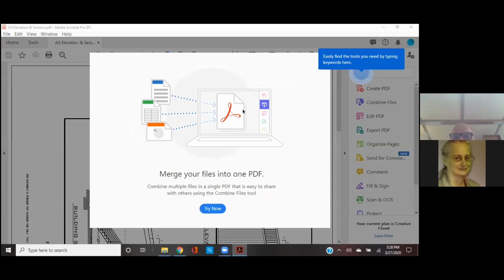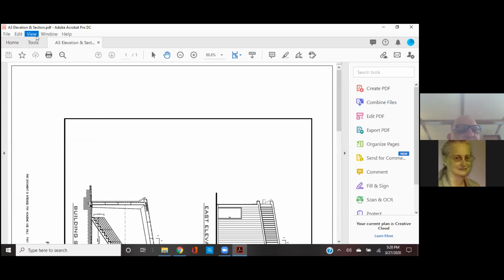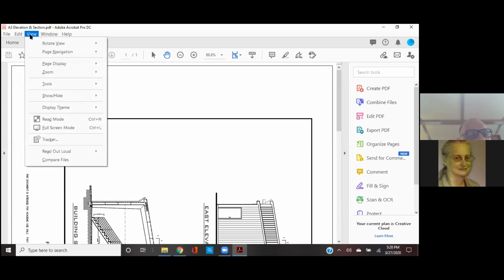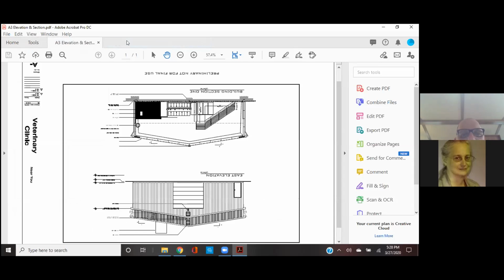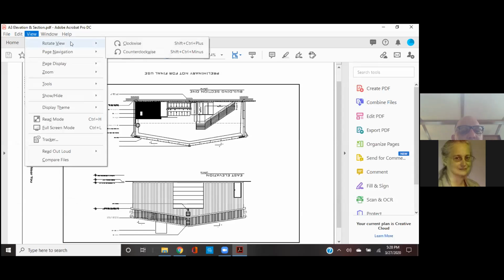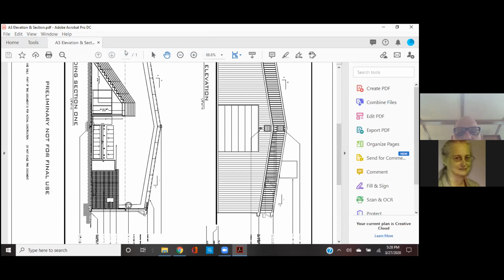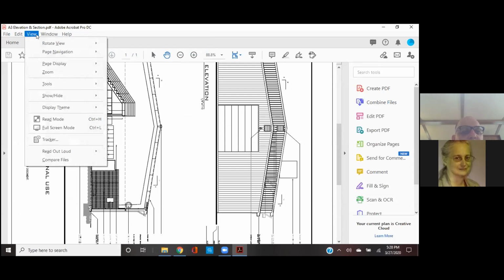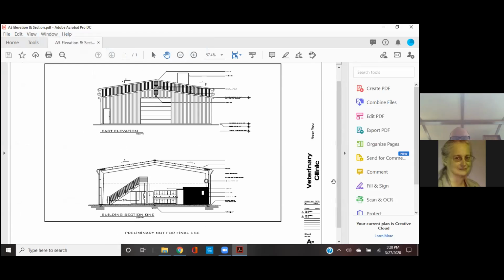Try view, maybe it's in the view. Rotate view, right there at the top. Other way. And one more time. All right, there we go.